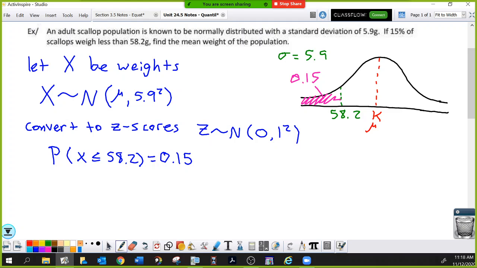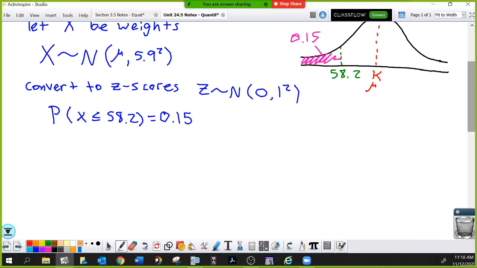Let me remind you how you find a z-score. A z-score is calculated by doing x minus mean over sigma. Good? So then what I'm going to do is find the z-score that is associated with the area of 0.15.